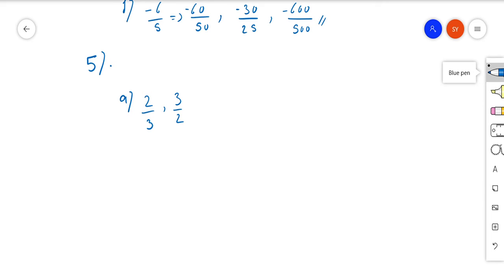They are not a pair of equivalent rational numbers.